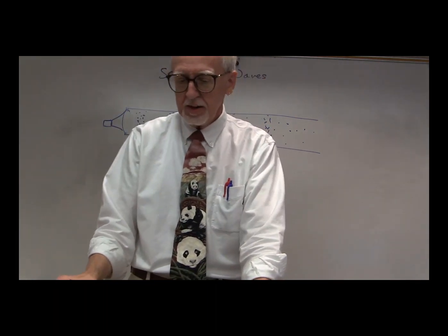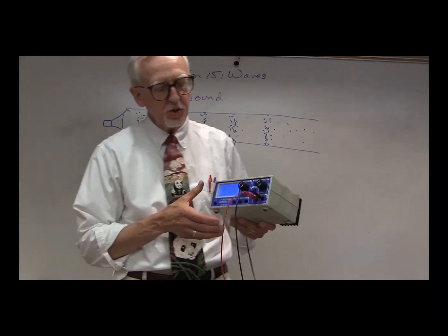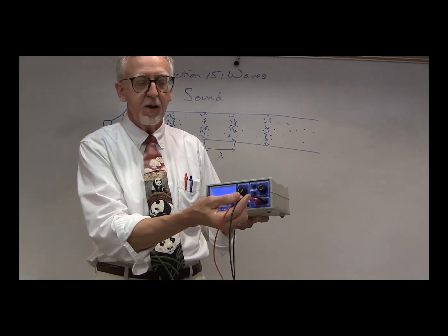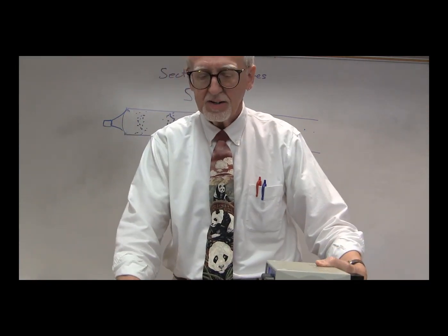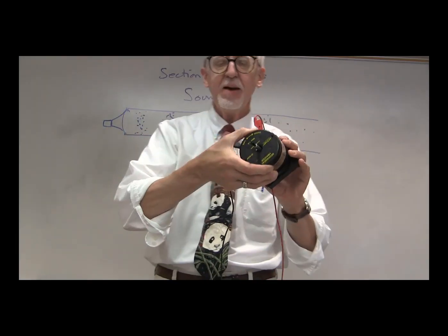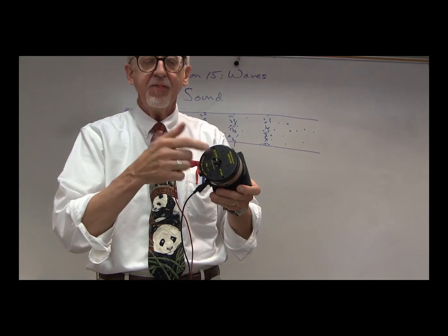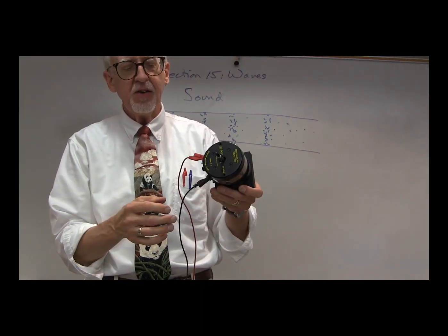Just slightly off screen here, I have a signal generator. What this is going to do is create a sinusoidal variation in voltage coming out attached to these wires, and then these wires are attached to a speaker. I basically have a speaker right here, and I can change the frequency and the amplitude of the variation in voltage.